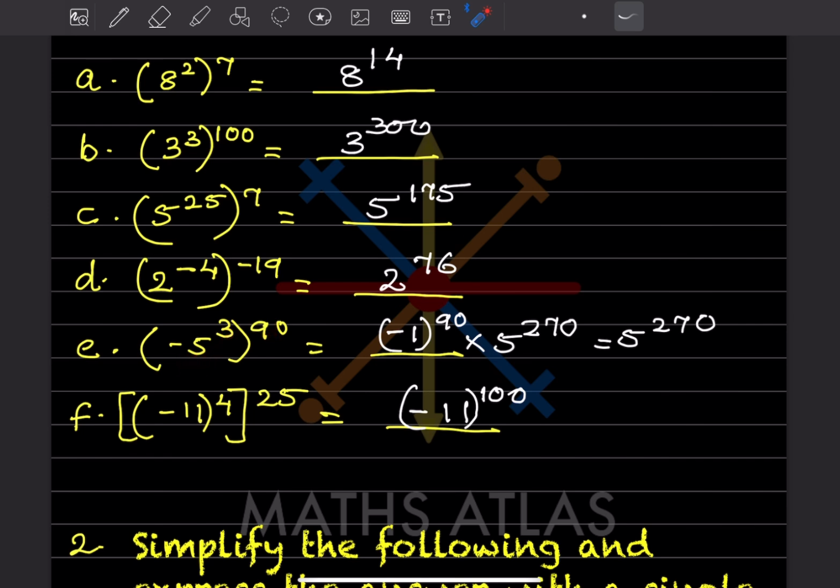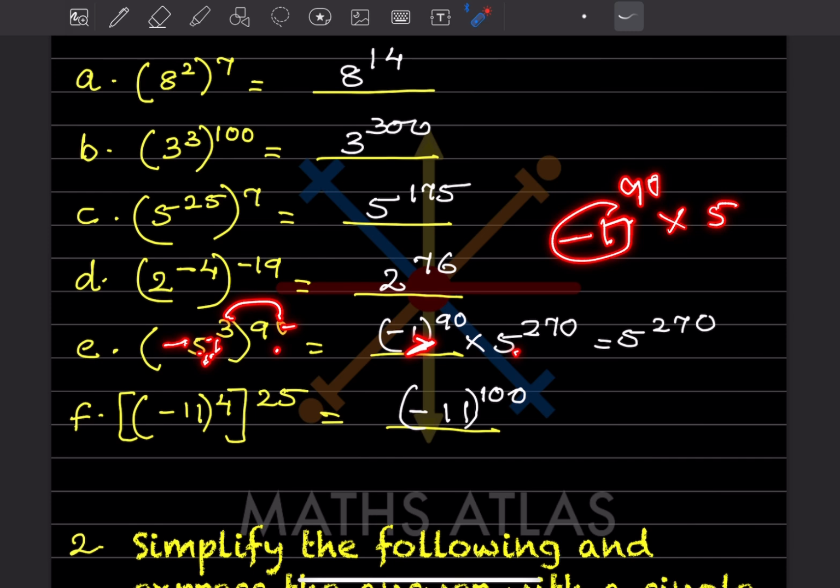So here what we can do, this actually is the even number. So we can write a minus 5 as minus 1 into 5. So this will be minus 1 raised to 90 into 5 raised to, because if we write minus 1 raised to 90, and 5 raised to this, that is going to be 270.